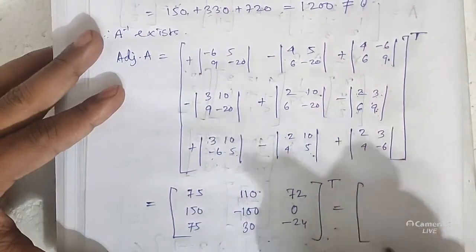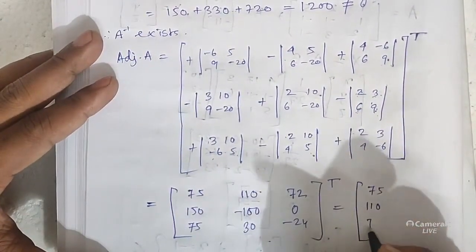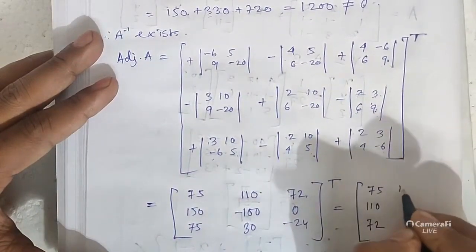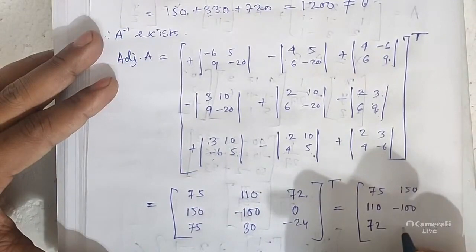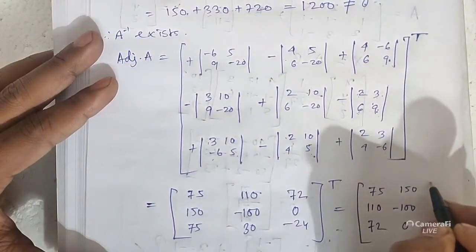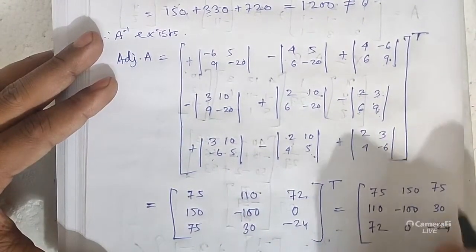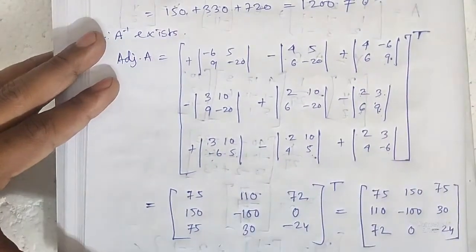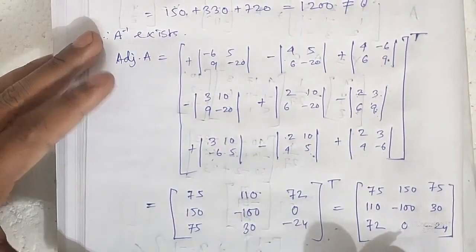So this is equal to, here you are getting 75, 110, 72, 150, minus 100, 0, 75, 30, minus 24. This you are getting. So this is the value of adjoint A.